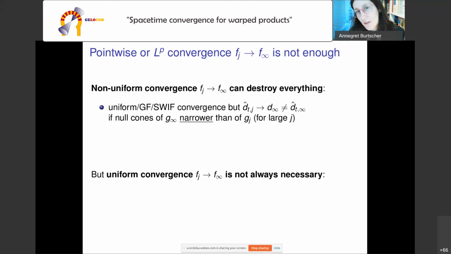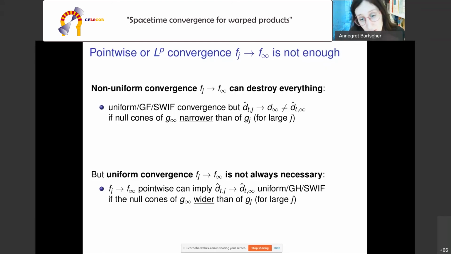The class of curves is independent of the metric, and that makes everything a lot easier. In this case, you always have to keep track not just of the distance, but also of the class of curves that is allowed. So if you make the null cones in the limit too narrow, then this can be problematic if you don't assume uniform convergence. On the other hand, and this is a positive example, you don't always need uniform convergence.